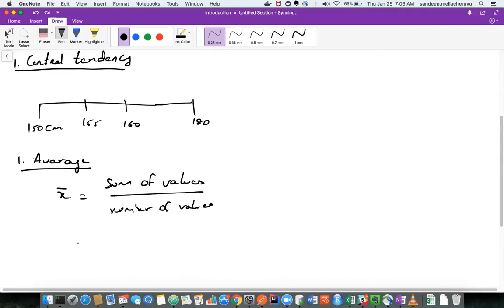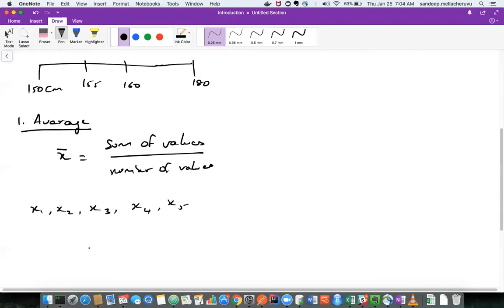And let me show you. Let's say there are 5 data points: x1, x2, x3, x4, and x5.